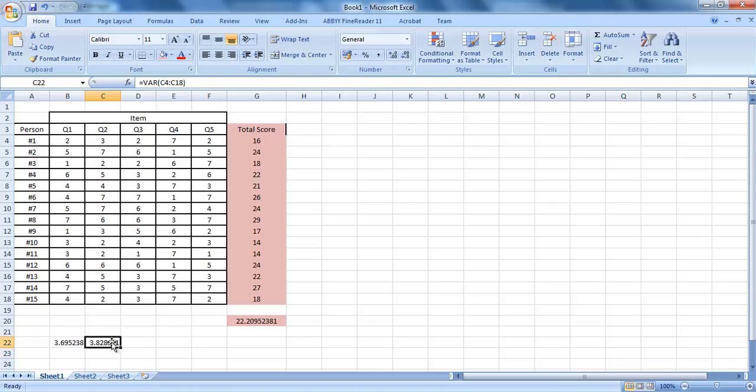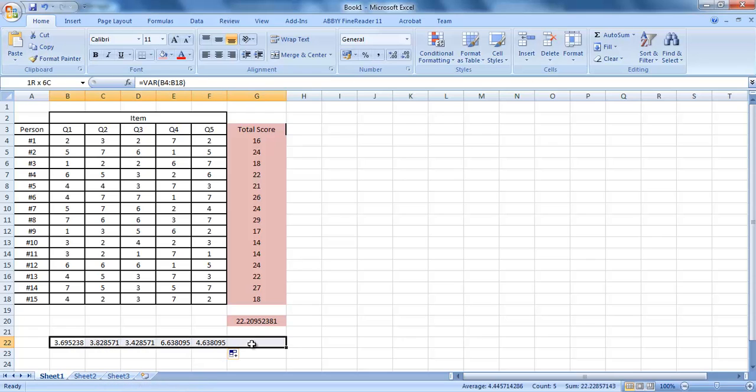Or I can simply duplicate the formula to get the variance for item number 3, variance for item number 4, and variance for item number 5. So this is S sub 1, S sub 2, S sub 3, S sub 4, S sub 5.